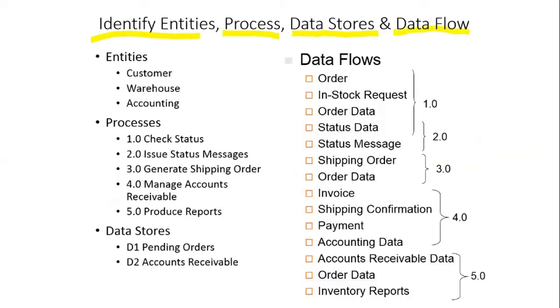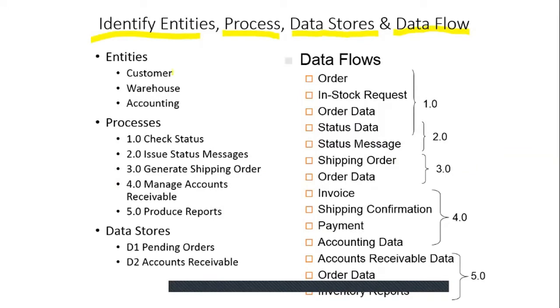There are three entities in the previous exercise: customer, warehouse, and accounting. Five processes are executed: check status, issue status message, generate shipping order, manage accounts receivable, and produce reports. There are two data stores, one is pending orders and the other is accounts receivable.